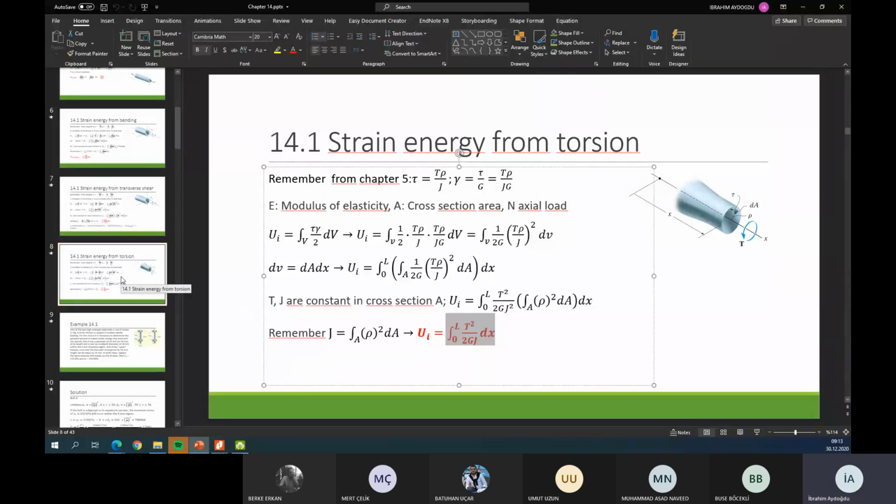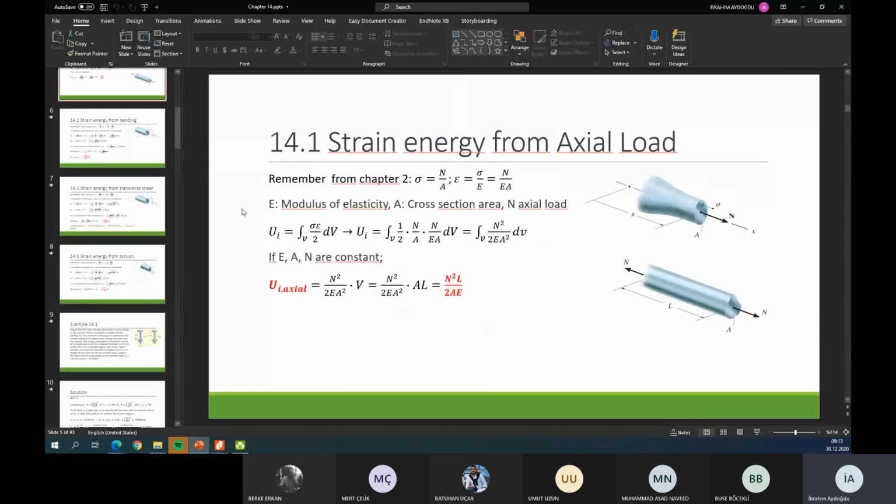First, we look at our structural member. If this structural member only resists axial load, we can compute the internal energy by using this formulation. For other internal effects, we compute the other internal energy. If our structural member resists more than one internal effect, we can add these effects.